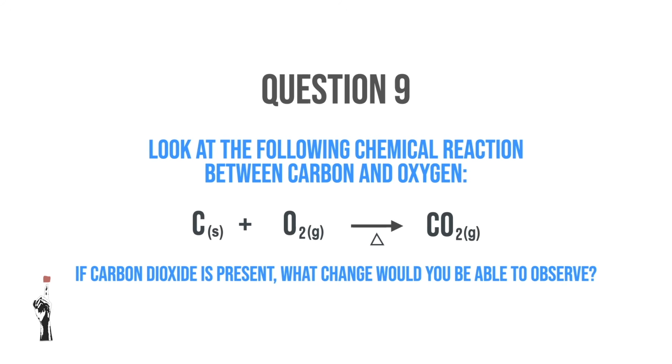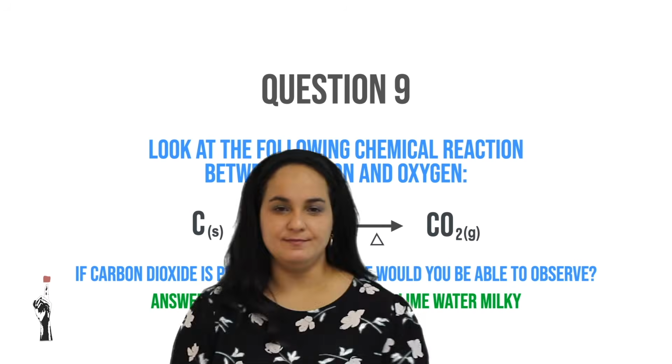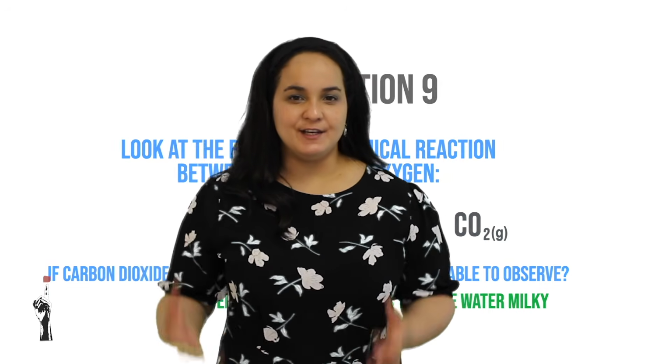Now, if we were to insert carbon dioxide into clear lime water, what change would you be able to observe? In tests and exams, when we use the word observe, the examiner is asking us what change are we able to see? Now, if we added carbon dioxide to clear lime water, the clear lime water will turn milky in color. This marks the end of the third lesson.